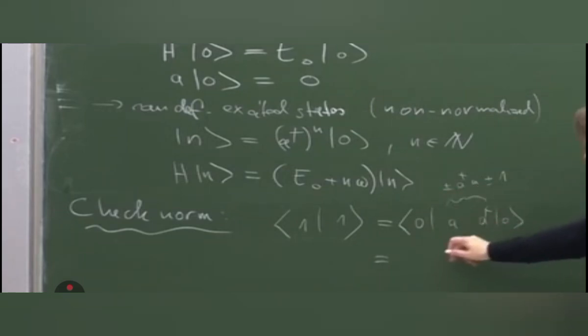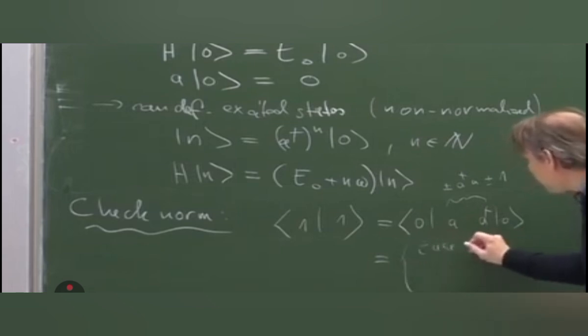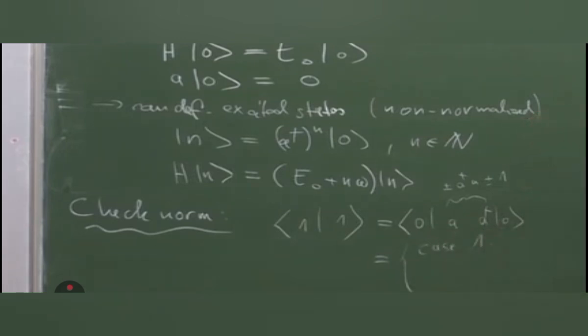Then we have, first of all, let's do it case by case. Case 1 has the plus 1. What happens to this when we insert A dagger A into the vacuum? What do we get?